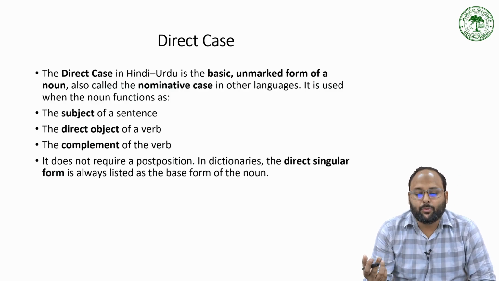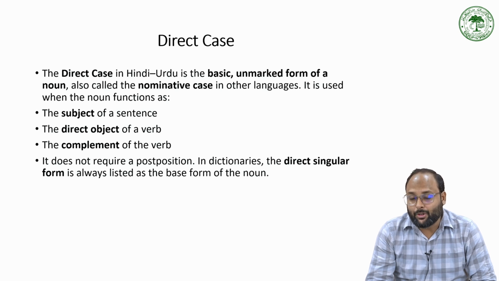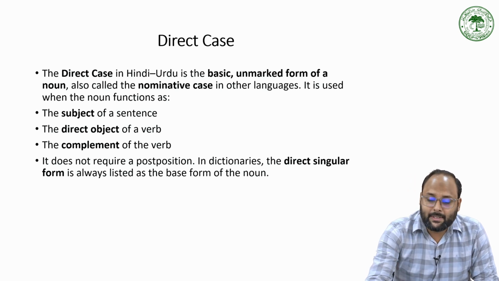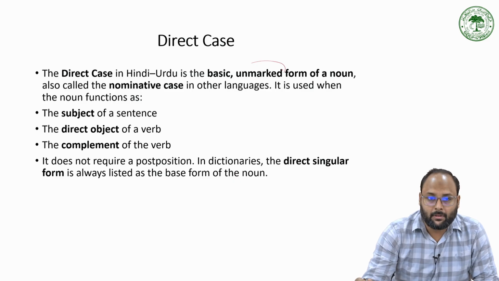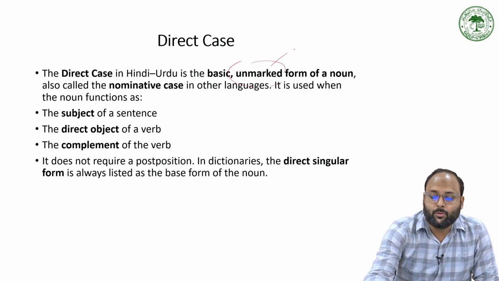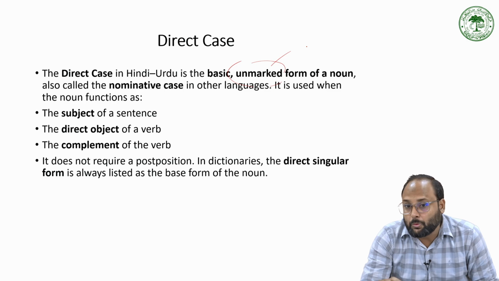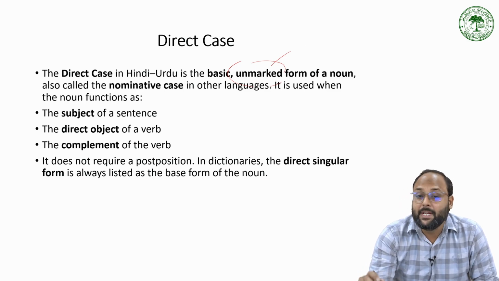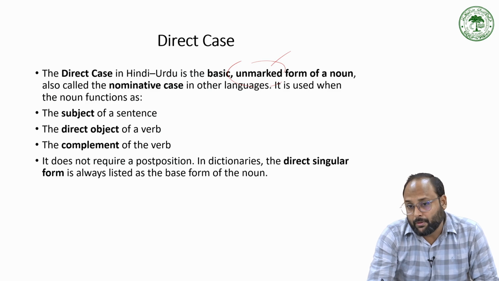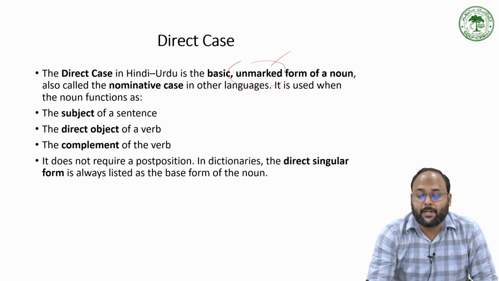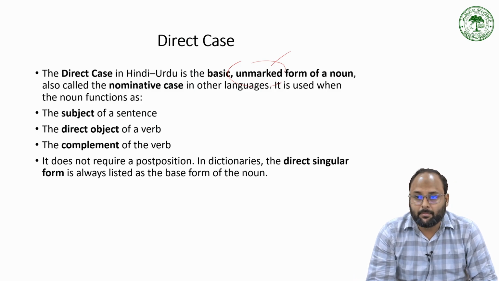So the direct case in Urdu Hindi is the basic unmarked form of the noun. Unmarked means there is no postposition and no case marker in the direct case. The noun occurs in its base form, like ladka, ladki, kitab, maze, kursi.